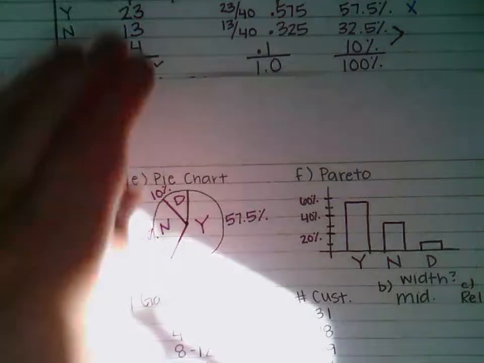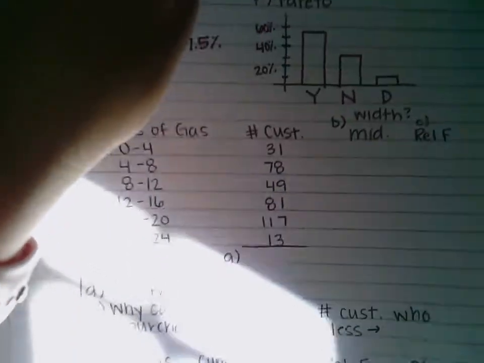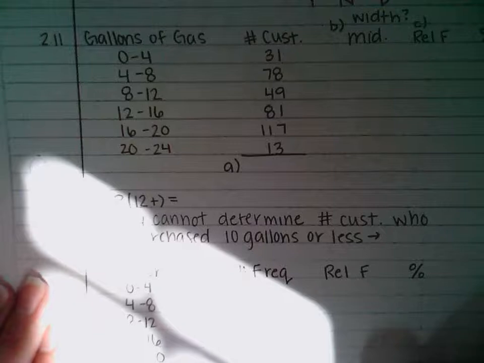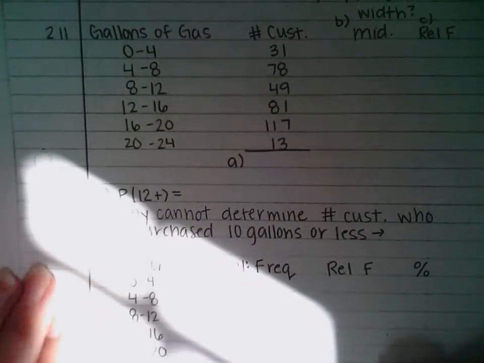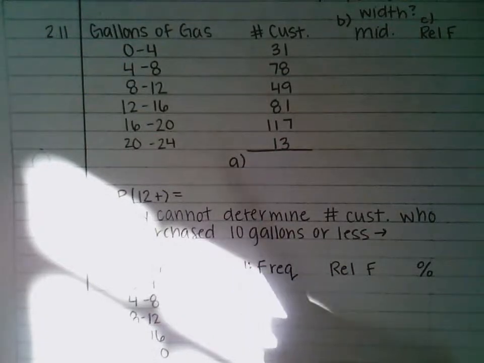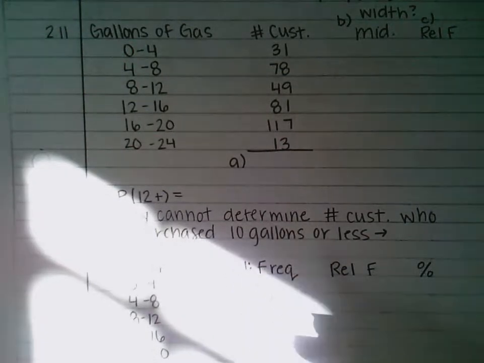All right, the next question on the review that is suggested for you to go over is question 211. On question 211, it has this frequency chart that's given to you with the gallons of gas and the number of customers that bought that many gallons of gas.